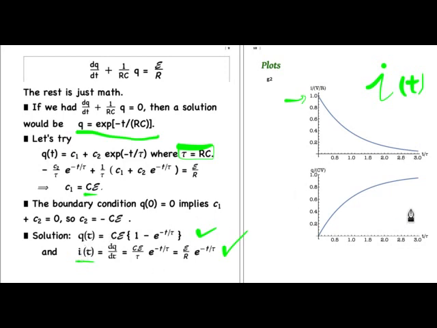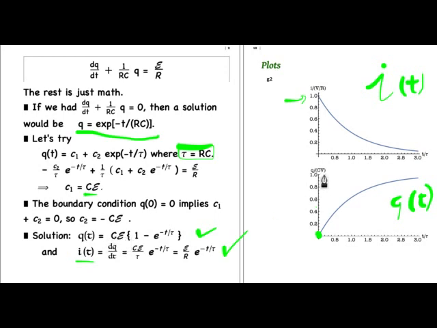That's I of t. Now what about Q of t? Well, here's Q of t. It's this function. At t equals 0, it's 0. That was the boundary condition. So it starts out with no charge on the capacitor. Then the charge on the capacitor accumulates, and as t goes to infinity, approaches CE.